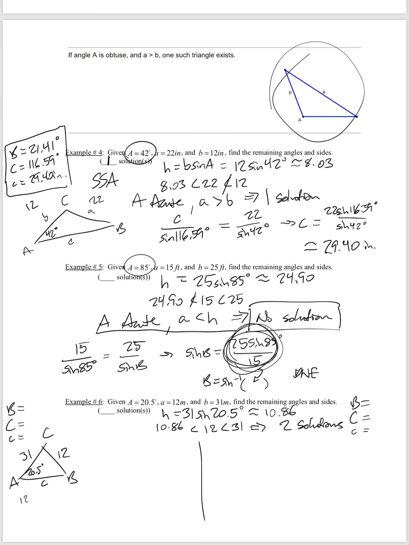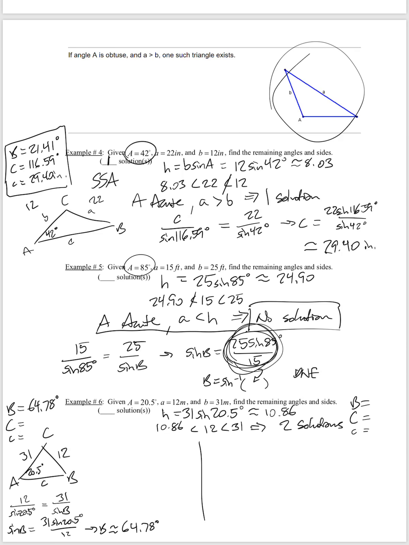So 12 over the sine of 20.5 degrees equals 31 over the sine of B. So the sine of B equals 31 times the sine of 20.5 degrees over 12. You take the inverse sine and we'll get B is about 64.78 degrees. So that's the angle measure for B that my calculator gives me.